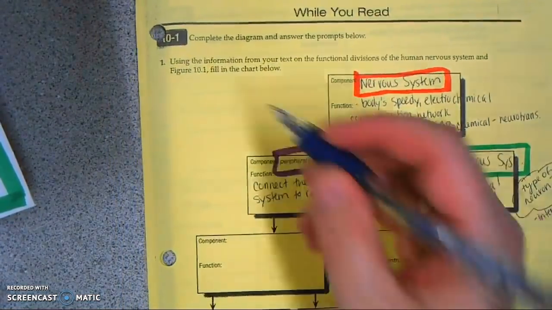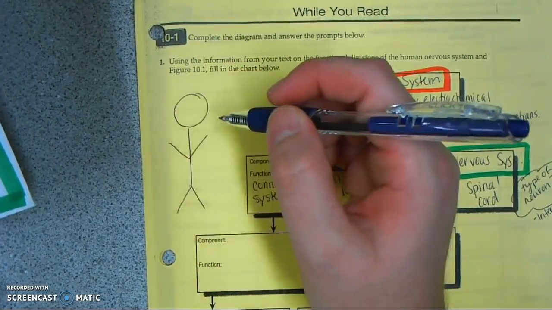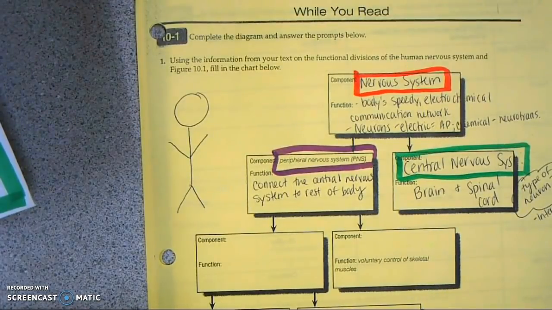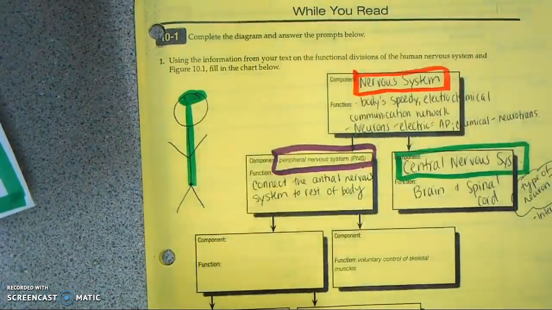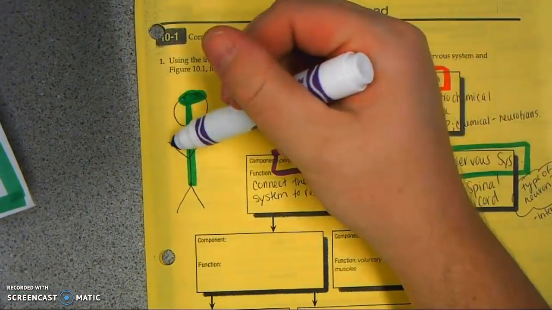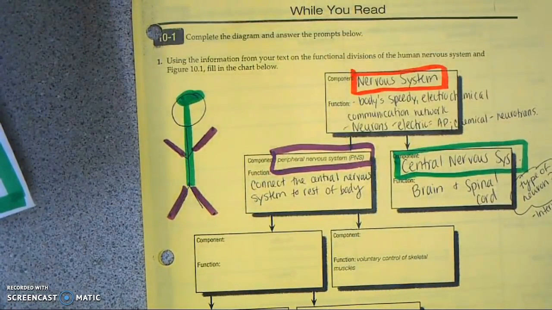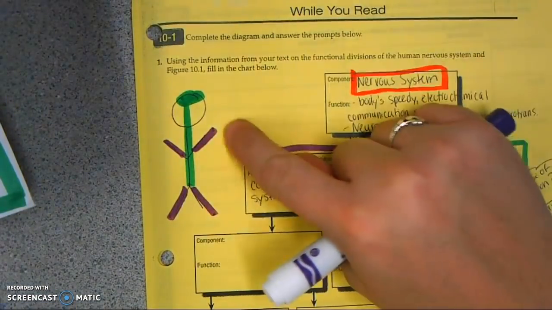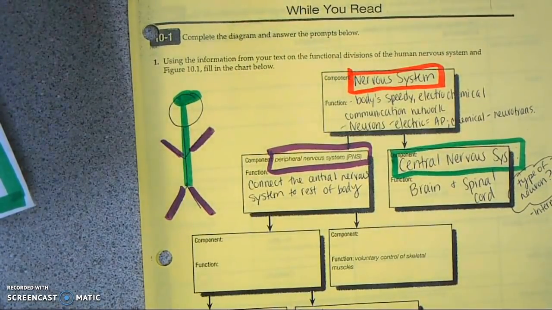I'm going to draw my person over here. If the central nervous system is the brain and the spinal cord, the peripheral nervous system is basically the rest of your body. It connects the rest of your body to your brain and your spinal cord.